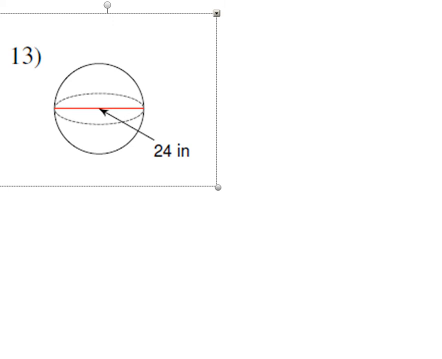All right. One more, then we'll try the ones on the back. So the radius is 12. So we start with our formula, 4/3 pi r cubed.